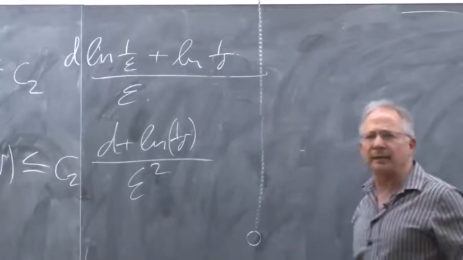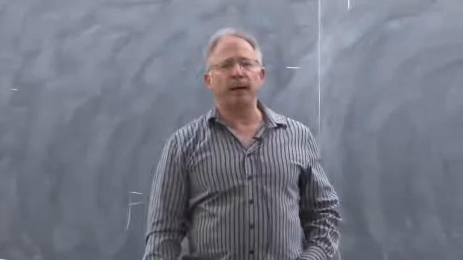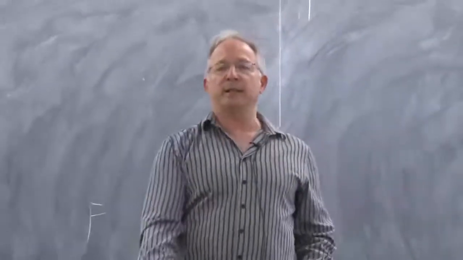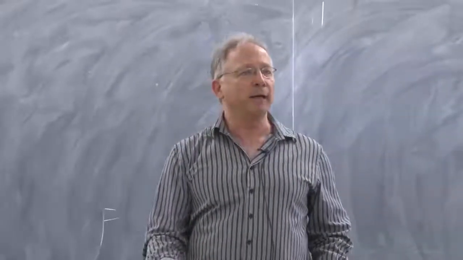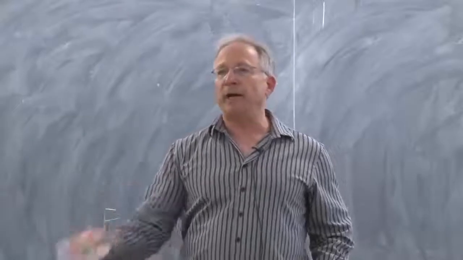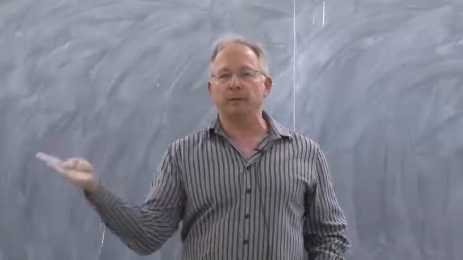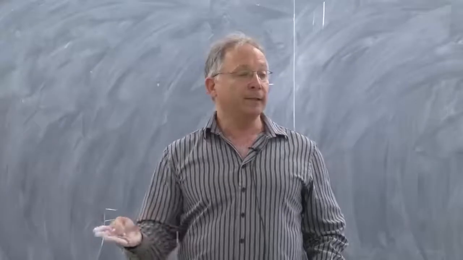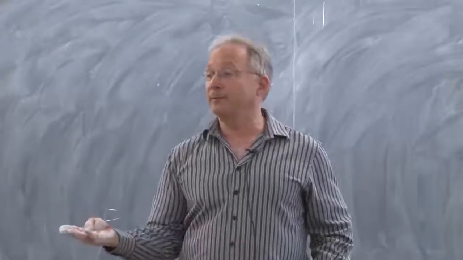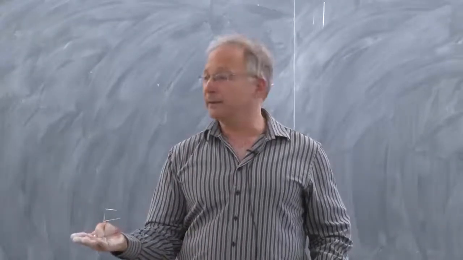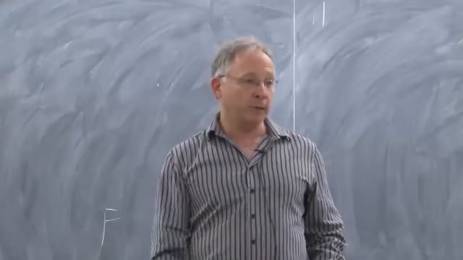Now, what is harder? Is it harder to learn in the PAC model or in the agnostic PAC model? Is it harder to learn when you have a guarantee that one of the members of the class is a perfect predictor, or is it harder to learn when you have no guarantee? Which one should be harder? Agnostic should be harder.